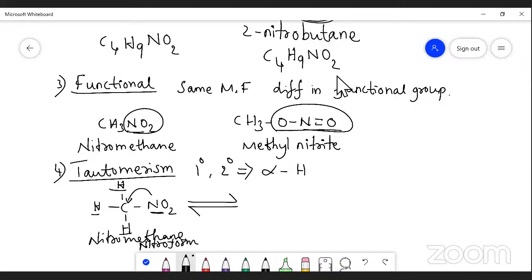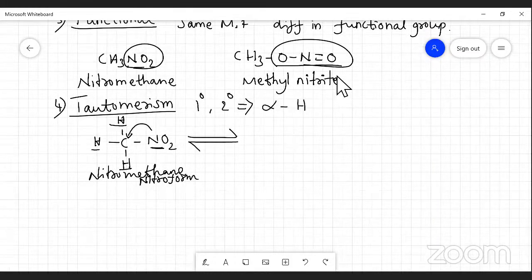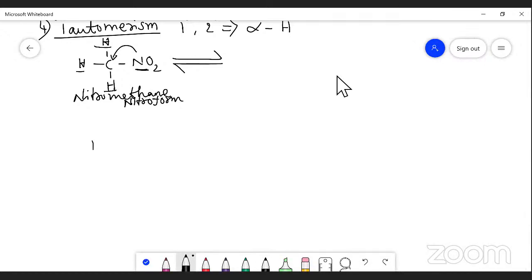This nitromethane, I can write as a structure like this: H, C, H, H, attached to N double bonded to O, with a coordinate covalent bond.